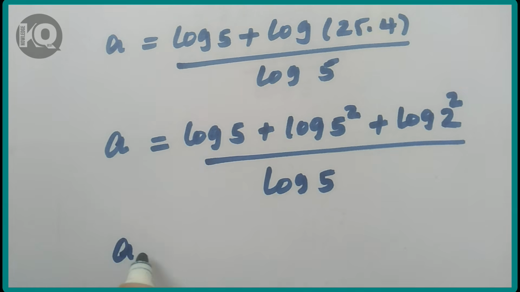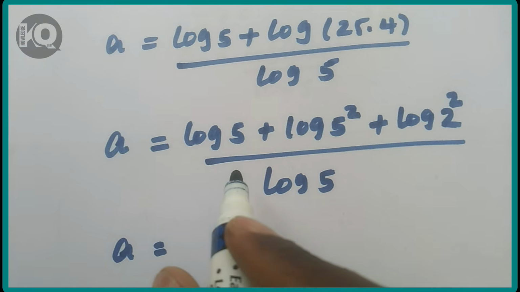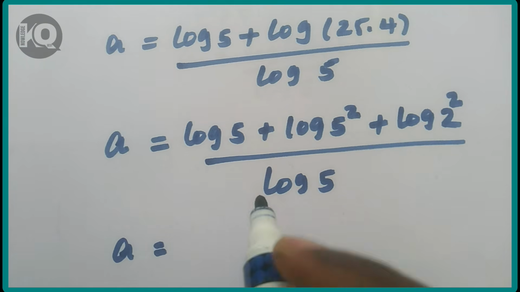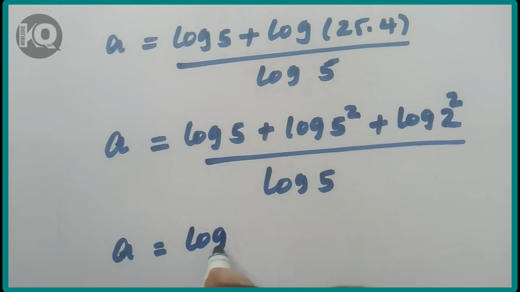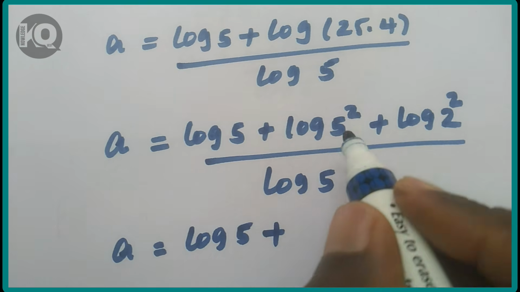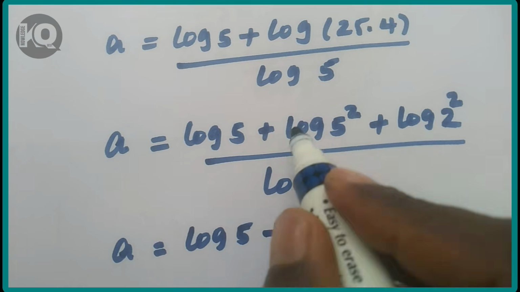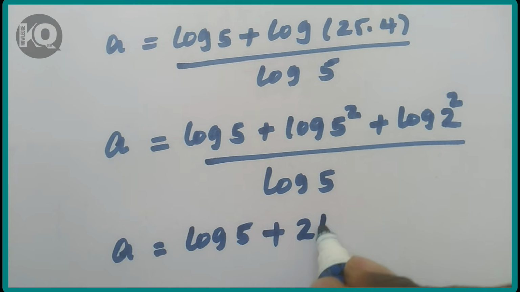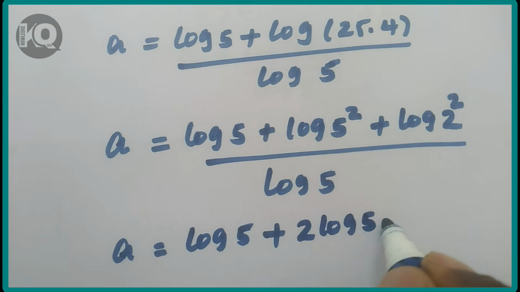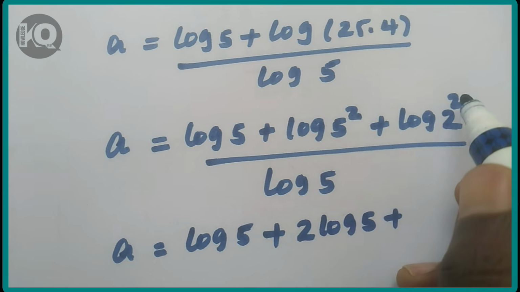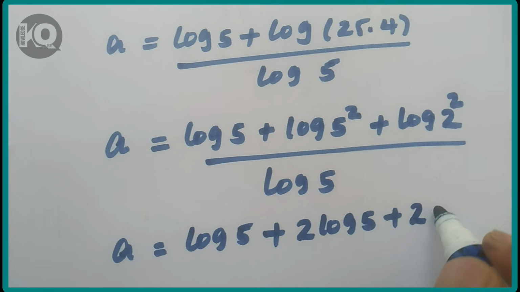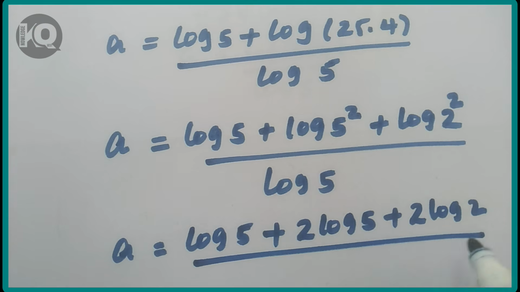So a is equal to log of 5 plus, this power will come to the front, so 2 log of 5 plus, and also this 2 comes to the front, 2 log of 2, divided by log of 5.